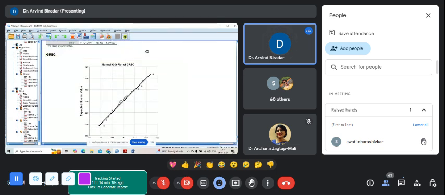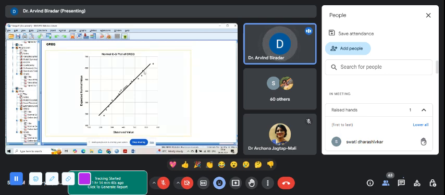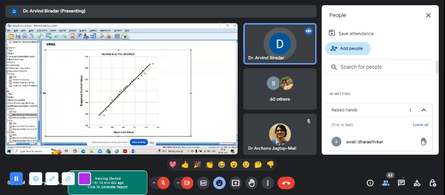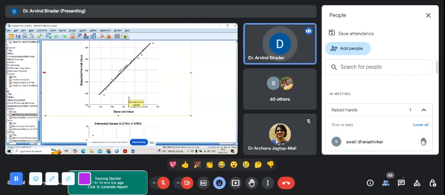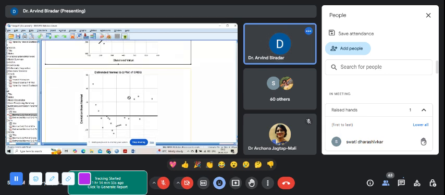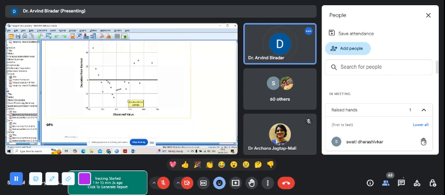See that how the points are falling near to the diagonal. So that is indicating normality. This is the GRE score. Deviation from the normal, detrended.